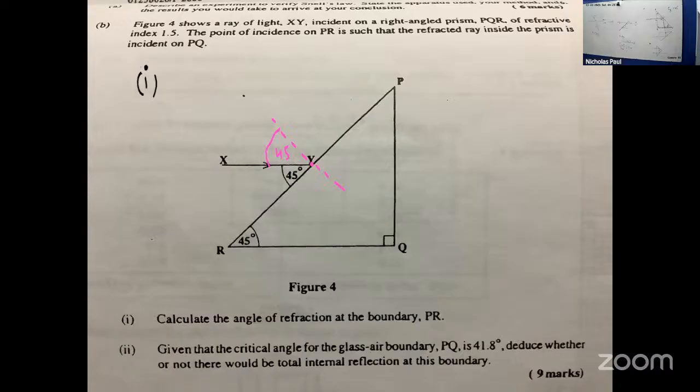And remember, we're using this formula, right? Hurry up, do this part fast too.